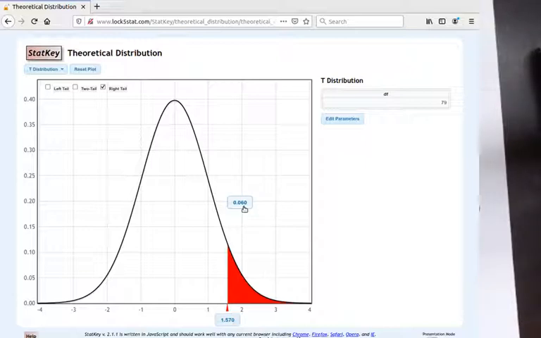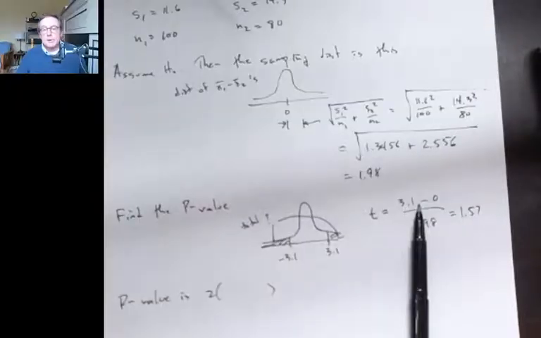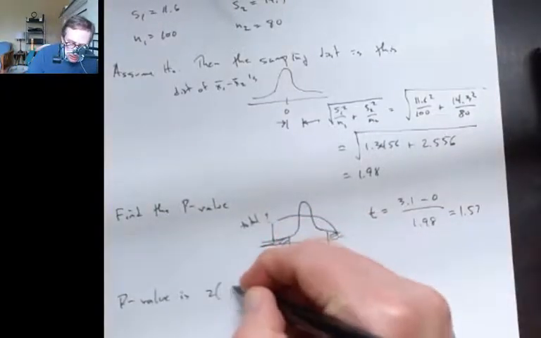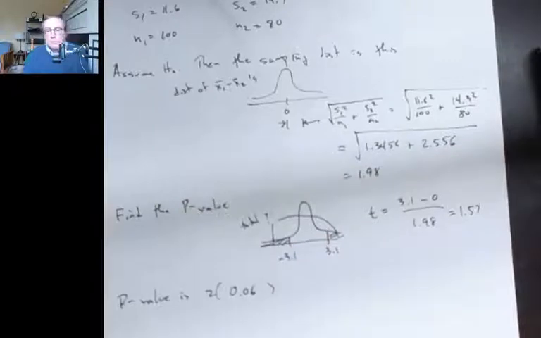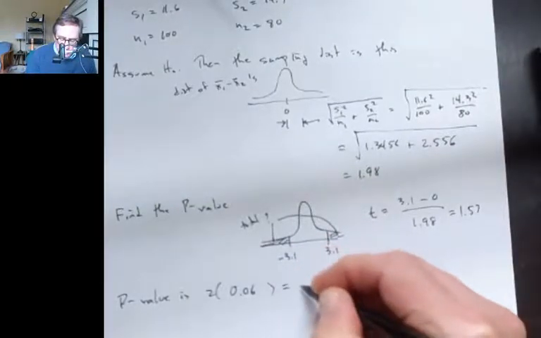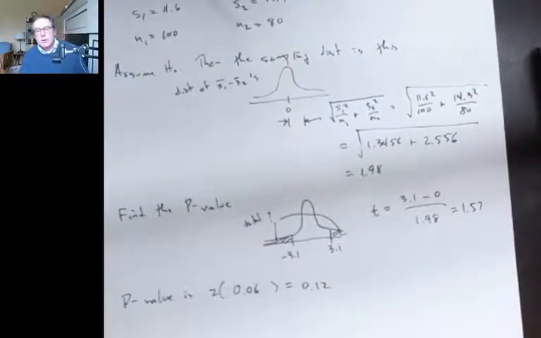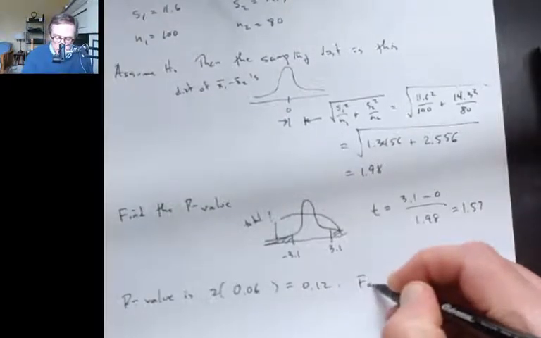Don't forget to double it, but we're done. 0.06, enter it into the piece of paper here, 0.06. That's, of course, 0.12. And that's certainly bigger than alpha equals 0.05. It's even bigger than alpha equals 0.10. We're going to fail to reject.